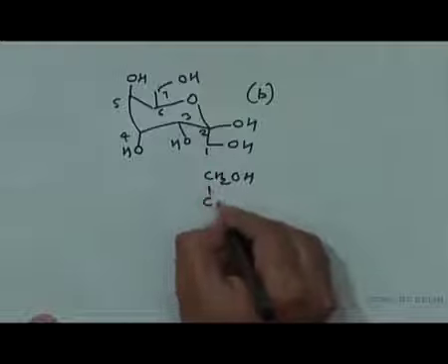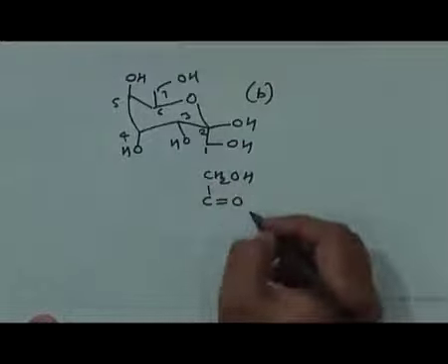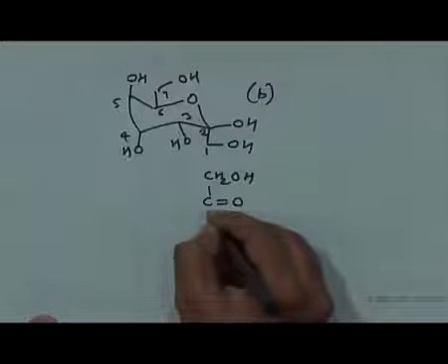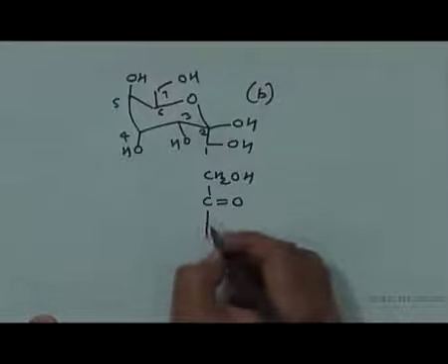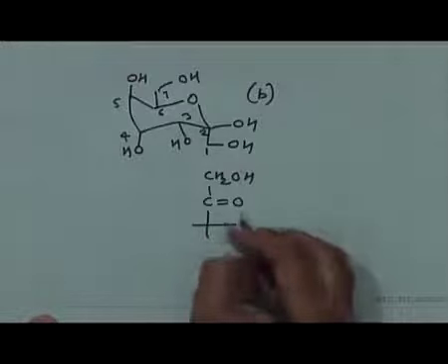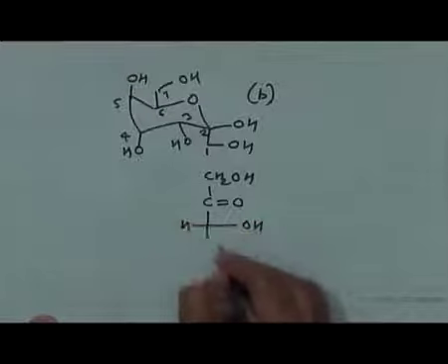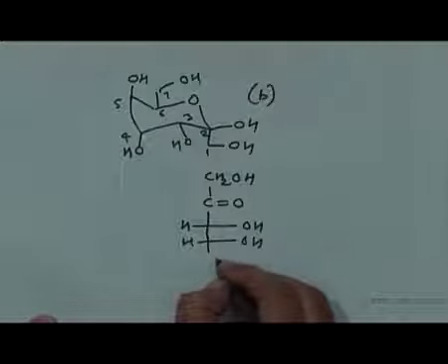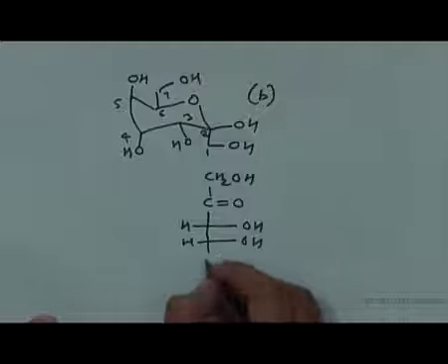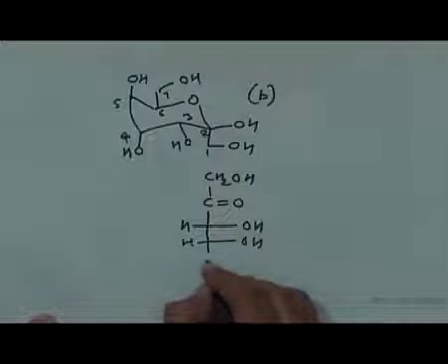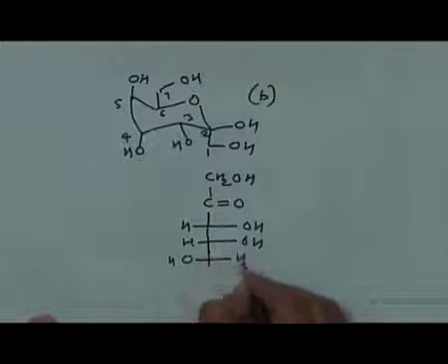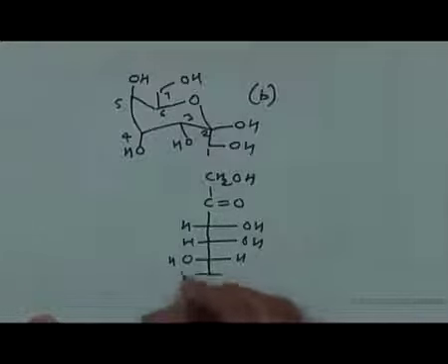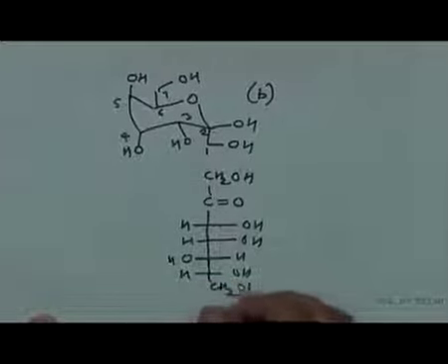So, CH2OH and then again the carbonyl, which is basically involved in the ketone formation, and the third carbon has a hydroxyl again on the right hand side, and the fourth also has a hydroxyl on the right hand side, and then the fifth hydroxyl is on the left hand side, and finally the sixth one has it on the right hand side and CH2OH.